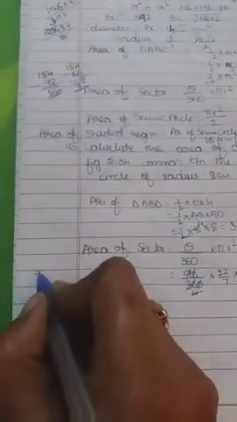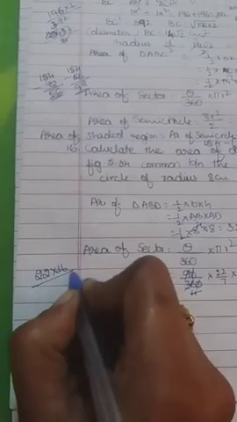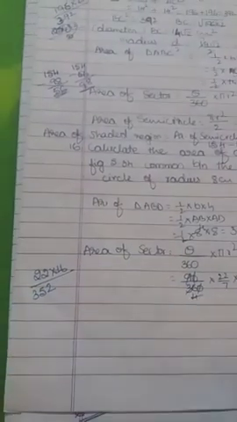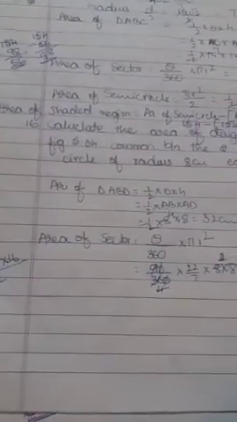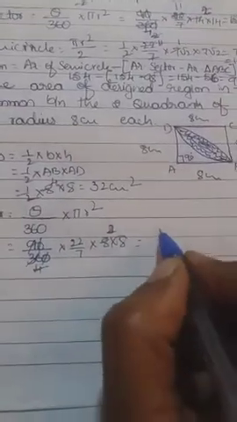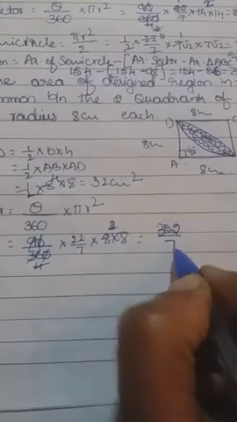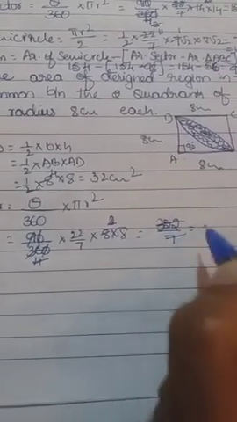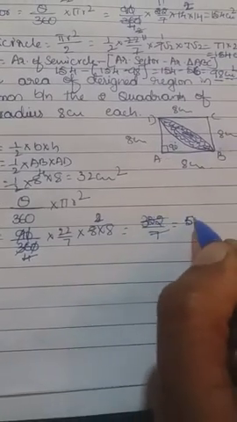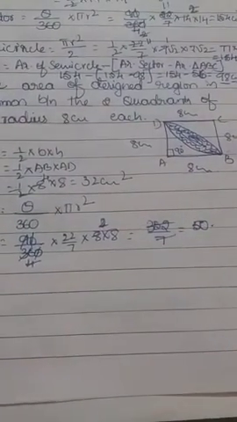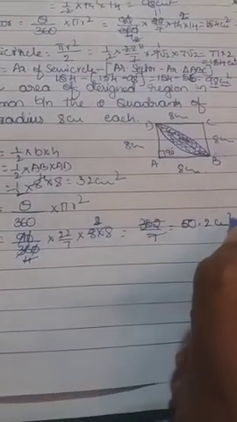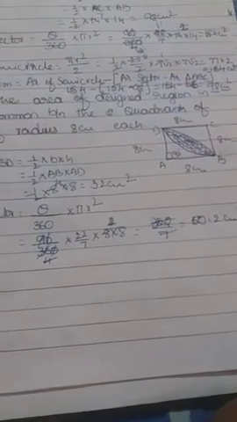Next is 22 into 16, which is 352. So totally we got 352 divided by 7. 7 5s are 35. 2 is not possible to divide, put a point, 20. 7 3s are 21 is more, 7 2s are 14. So 50.2 centimeter square almost it is.